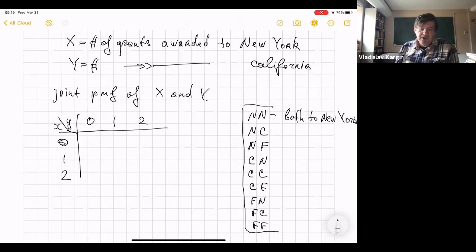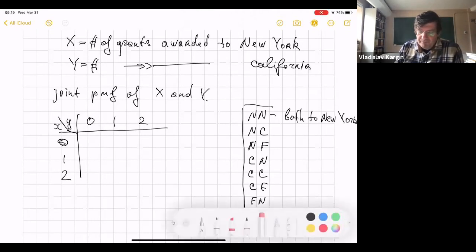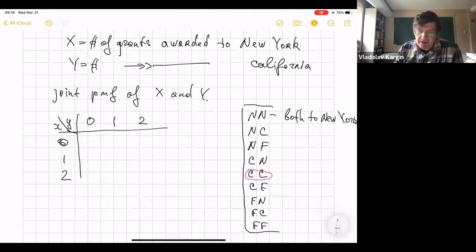After that, we just count. So X is equal to 0 and Y is equal to 0. X equal to 0 means that New York got 0 grants.